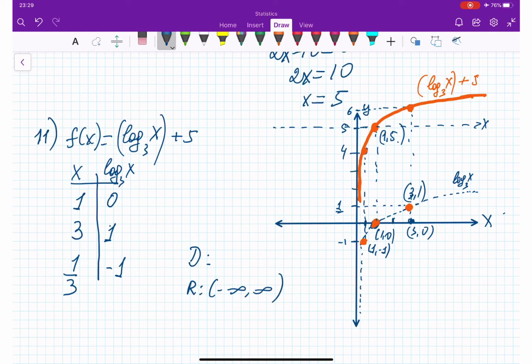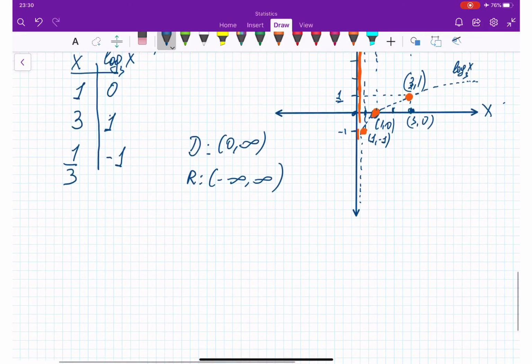Why? Because look here, this is gonna keep going down to negative infinity, and here it is running to positive infinity. But it's a different story for x. It's starting from 0, right? It's only positive x, from 0 to positive x.